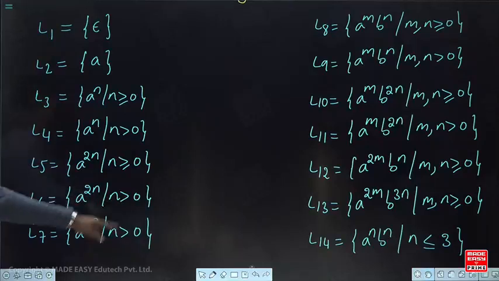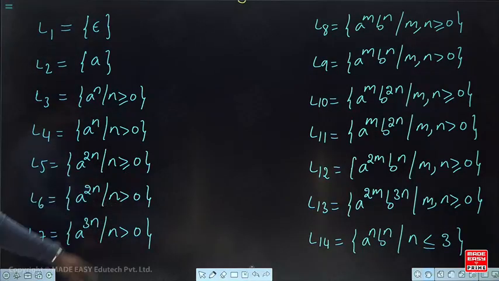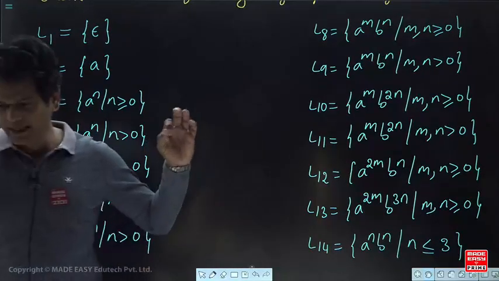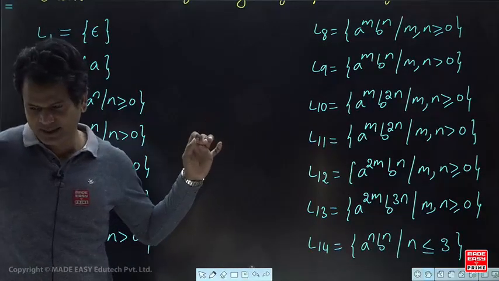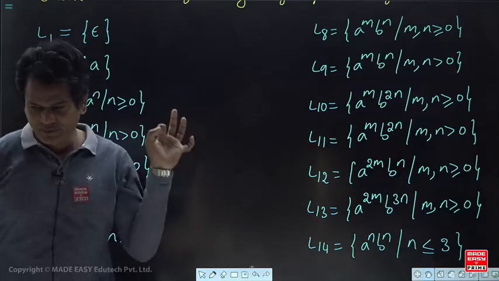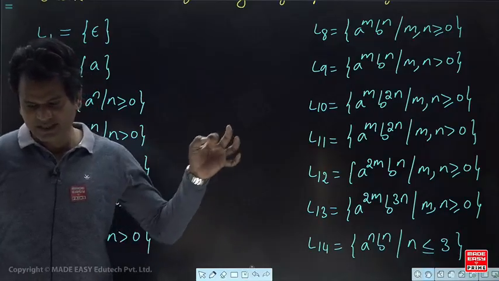One is greater than or equal to 0 and the other one is greater than 0. Just copy as it is. Don't make any changes, because if you change anything, the result will change.